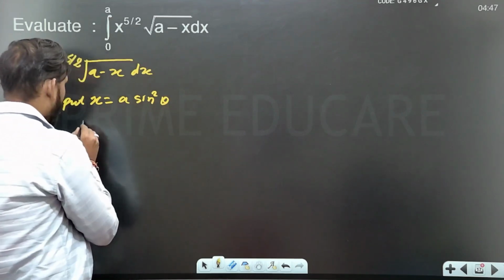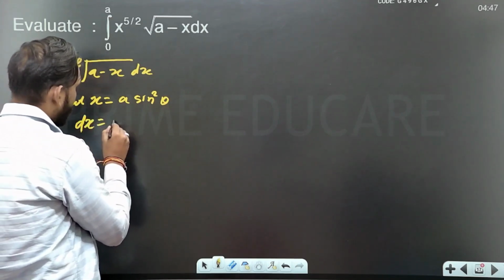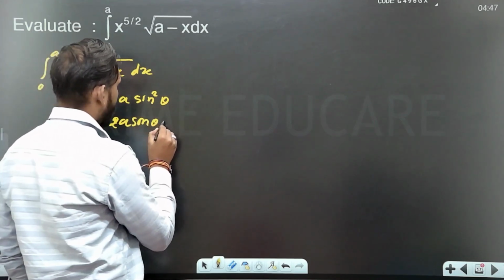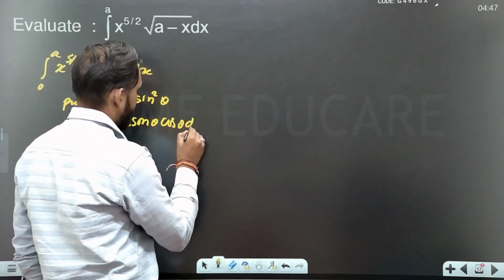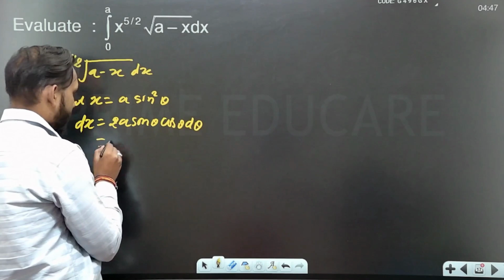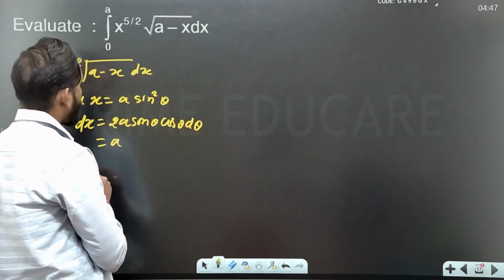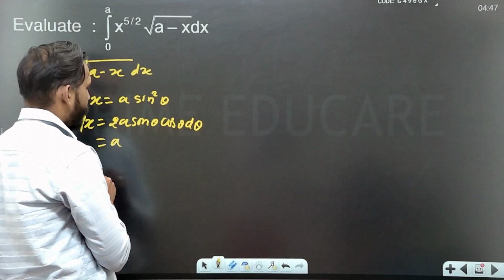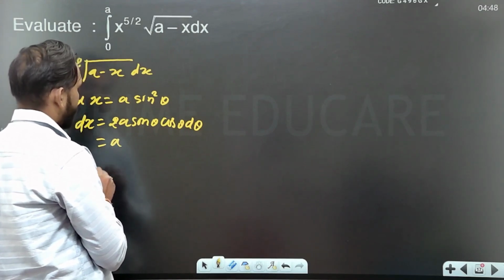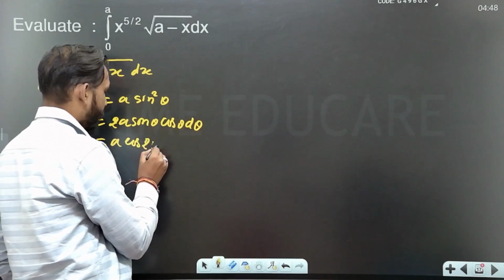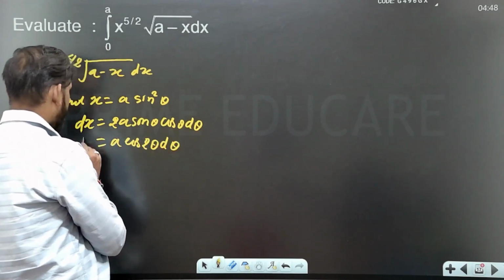Then dx equal to 2a sine theta cos theta d theta, right? And if we apply the formula here, we have a 2 sine theta cos theta, which will be sin 2 theta d theta and dx.